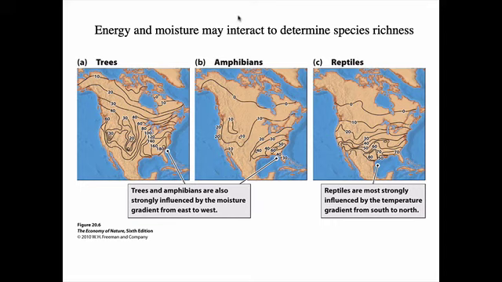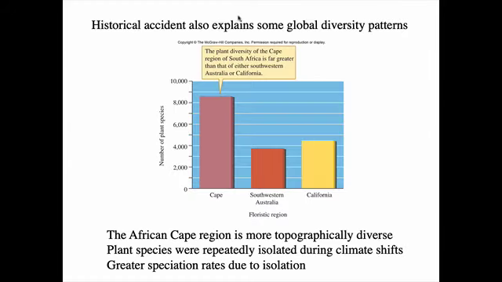Okay. Now, last thing, history. Historical accident plays a big role in some diversity patterns. And here's an example. Okay, here's the Mediterranean climates of the Cape region in South Africa, Southwest Australia, and California.